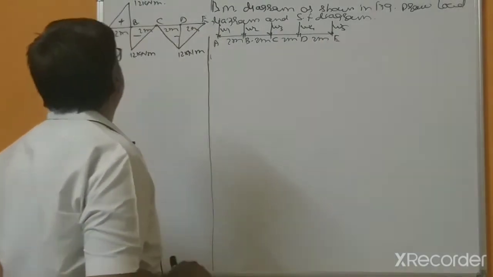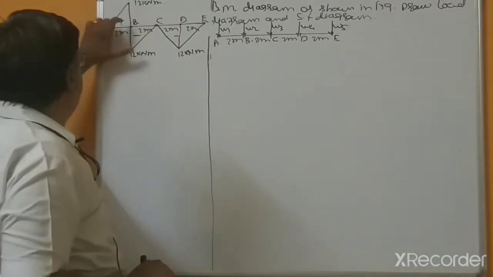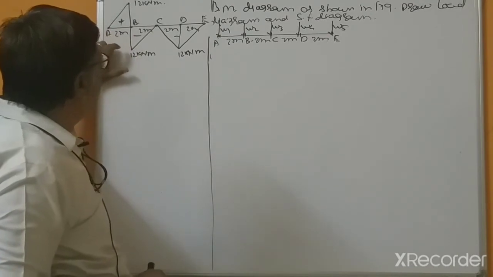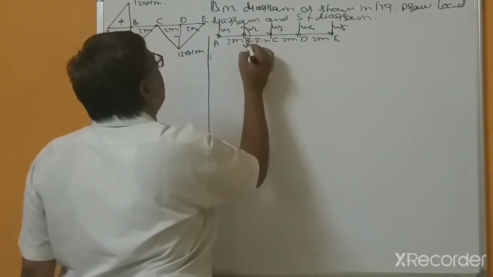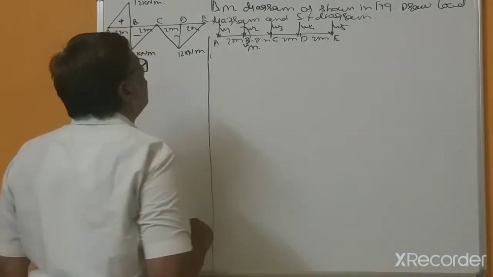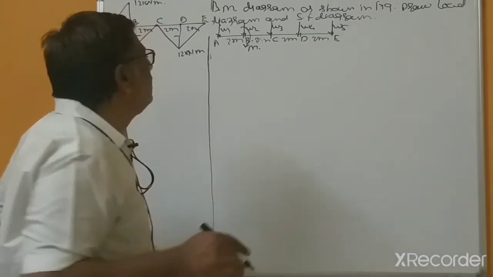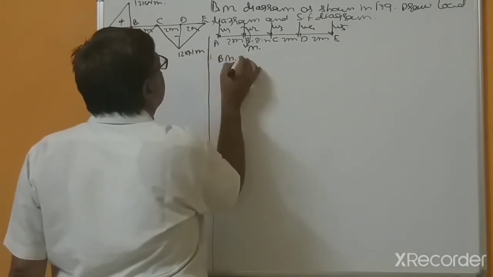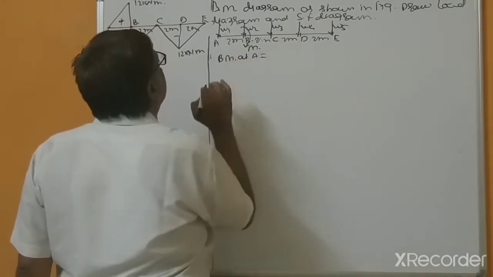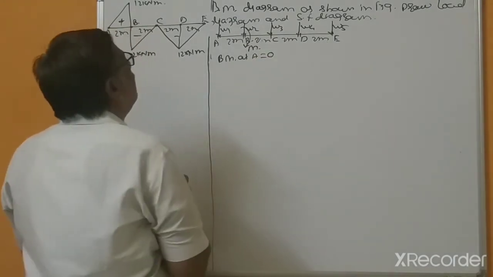Better. Okay, and here a couple is acting at B point, so that's why this is also assumed clockwise, right? Next, bending moment at A equal to 0.